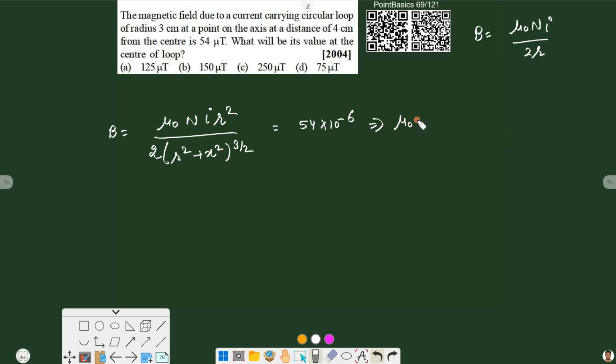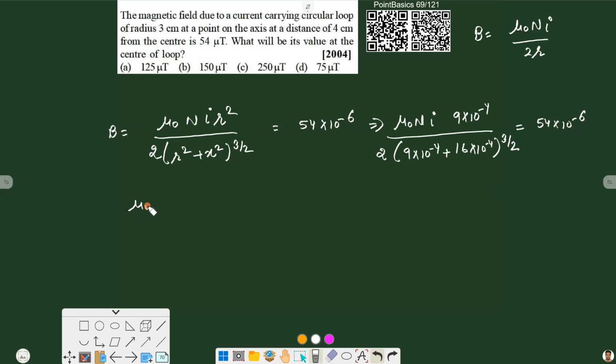So mu node ni into radius, that is 3 centimeter, so square will be 9 into 10 raised to power minus 4, divided by twice radius square 9 into 10 raised to power minus 4 plus that distance, which is 4 centimeters, so 16 into 10 raised to power minus 4, power 3 by 2, is equal to 54 into 10 raised to power minus 6.